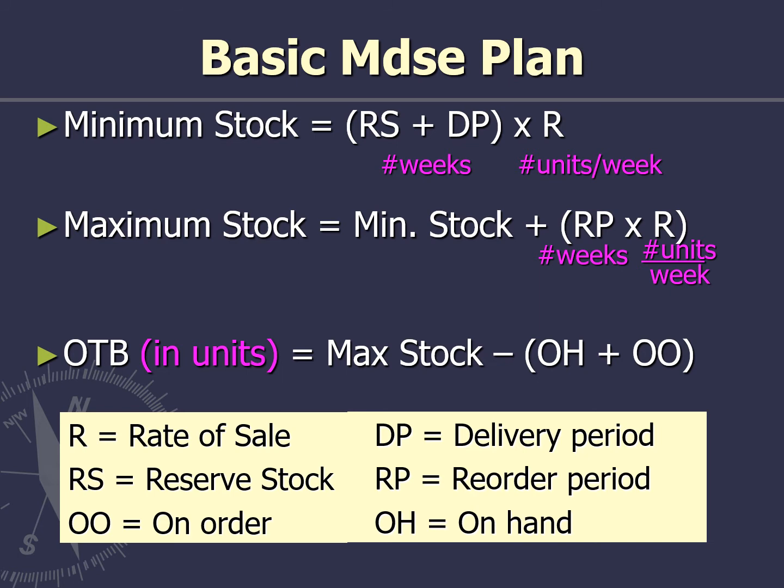In any case, we want to make sure that our stock level will not go over the maximum stock level at any time, and will not go below the minimum stock level.